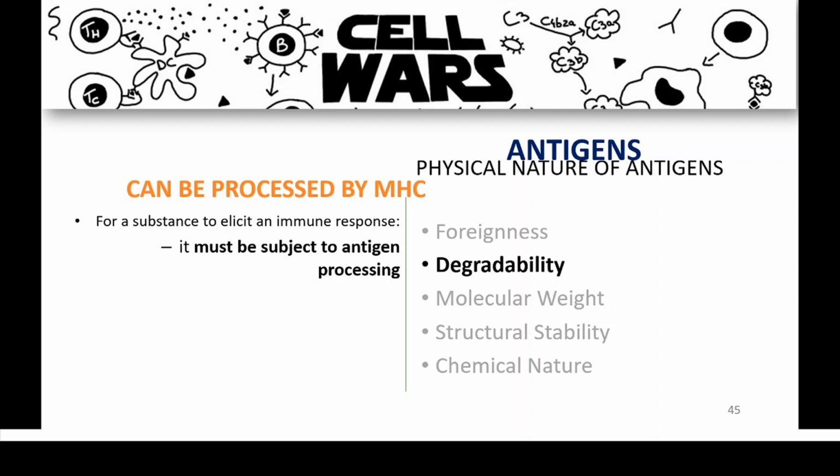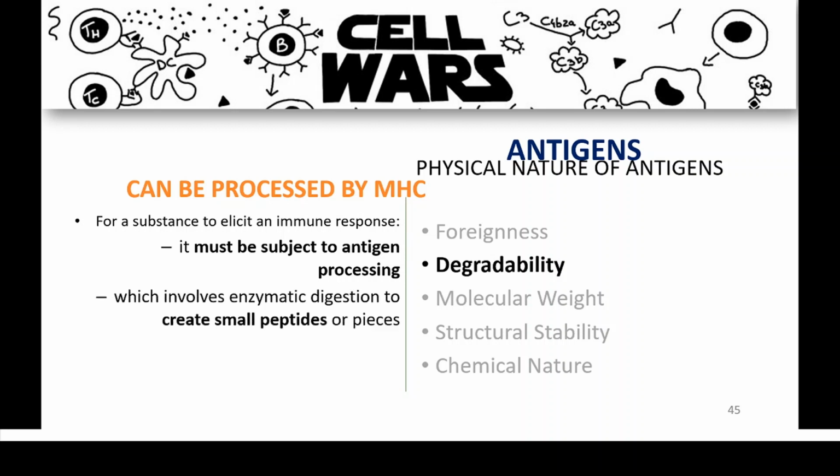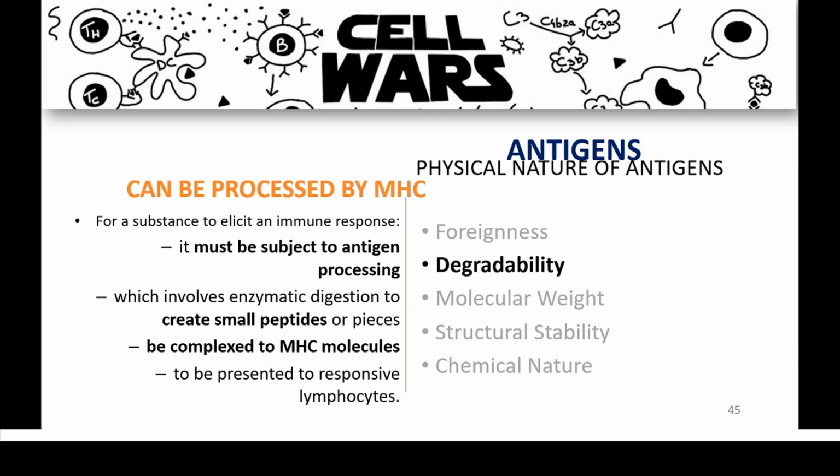Antigen processing involves digestion of the antigen in order to create small peptides. Now, these small peptides will be complexed with MHC molecules. And this complex will be expressed on the surface of the antigen-presenting cells. And the antigen-presenting cells will present the antigen to the lymphocytes, particularly the T lymphocytes.